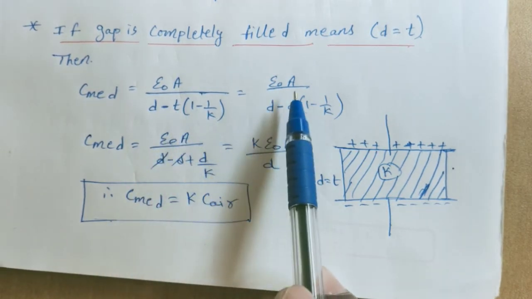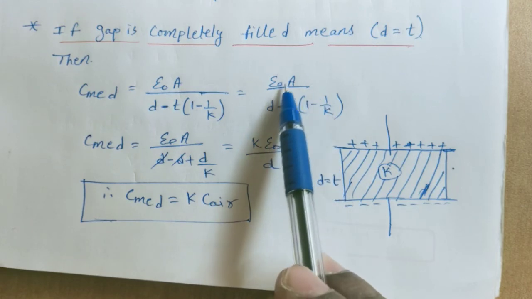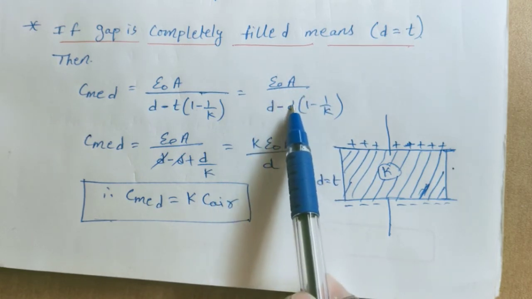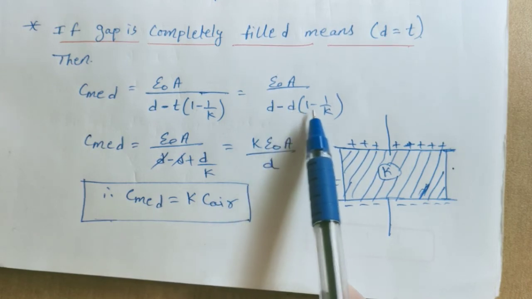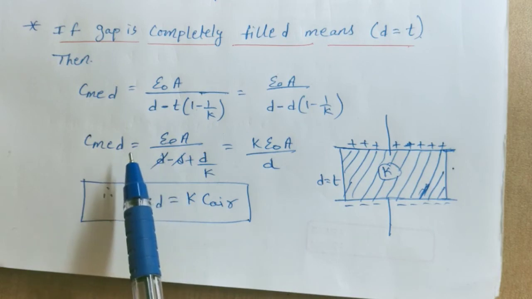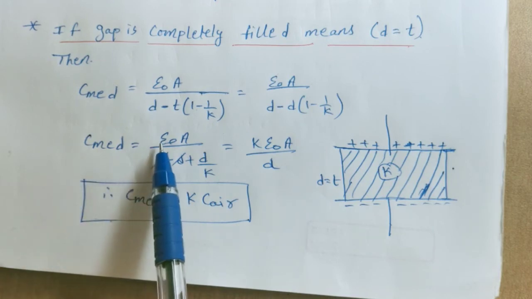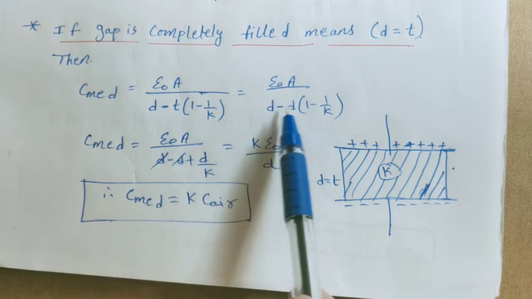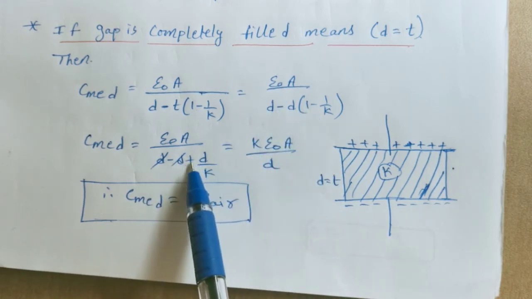Further, this equation we can represent as epsilon naught A divided by (d minus d) into (1 minus 1 by K). On simplification, C medium is equal to epsilon naught A by (d minus d plus d by K).